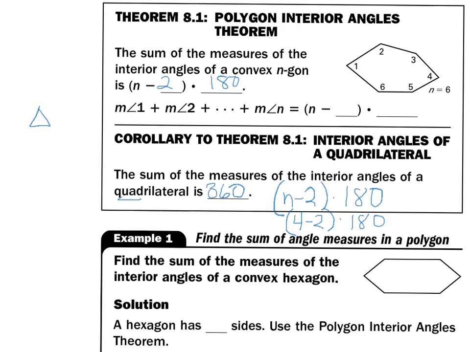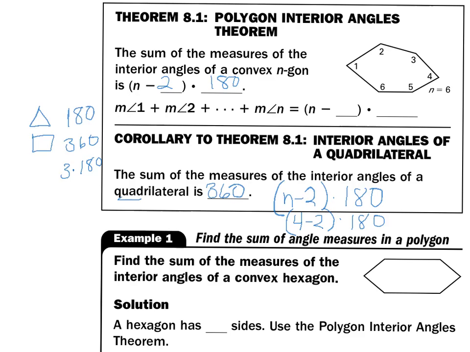So triangles have 180. Rectangles and squares have 360. And then you just keep adding 180 every time. So a pentagon would have 3 times 180. So 360 plus 180.